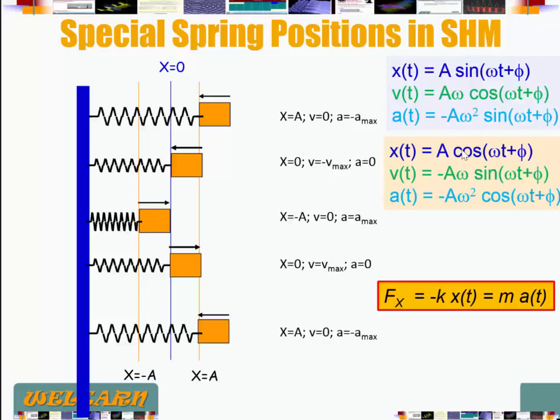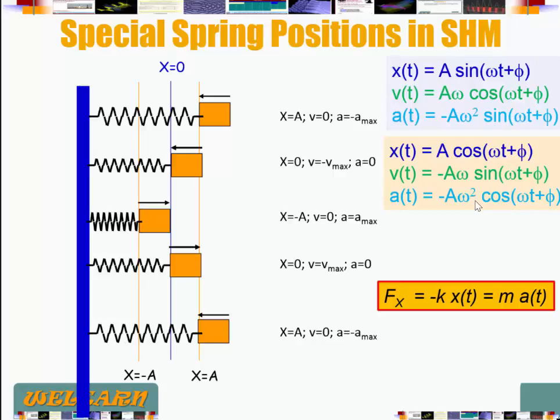Now, if I were to use these equations instead, the phi has to be equal to 0, because the cosine of 0 plus 0 is equal to 1. So that gives me a here, and then sine of 0 gives me 0 here, and 1 here gives me minus a omega squared.